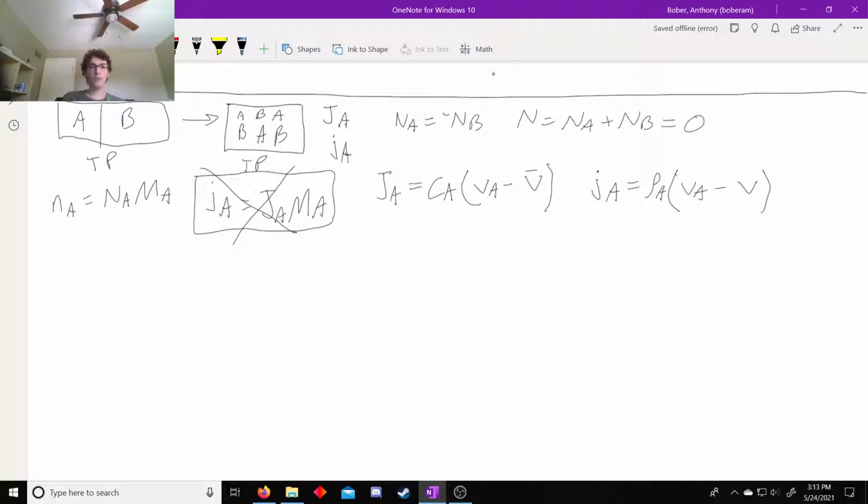Now, something we should consider is the average molar velocity and how it relates to the total molar flux.